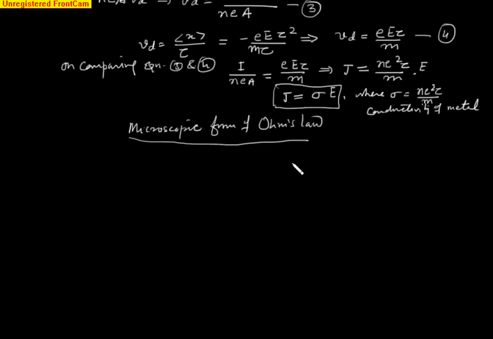Now we know that electrons are colliding with the cores under the effect of the electric field, and between two collisions the electron covers some distance, and the distance covered is different for different collisions.